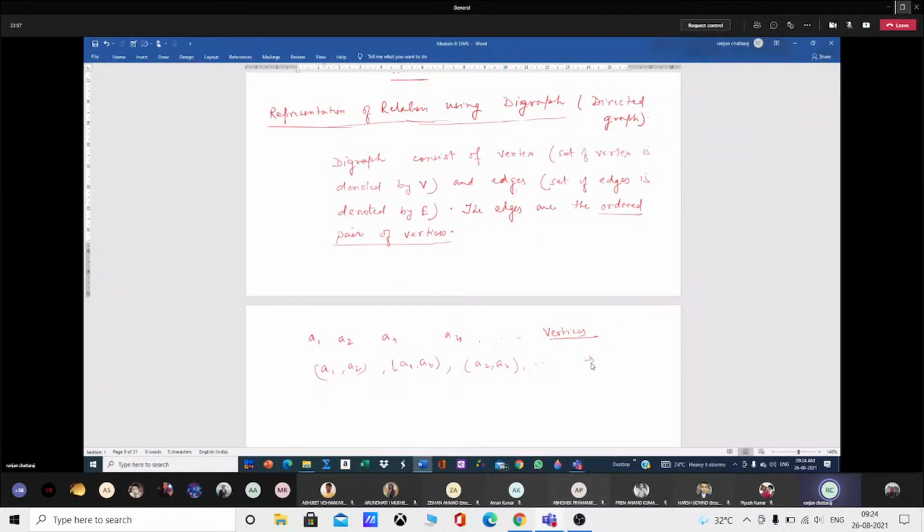These are the edges. So the question is, how can you define a relation using this?